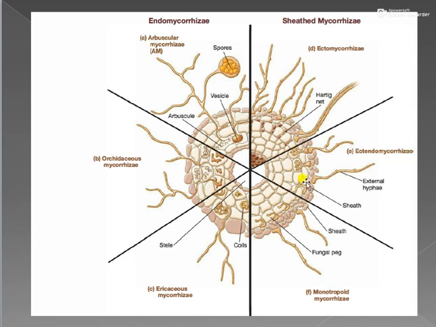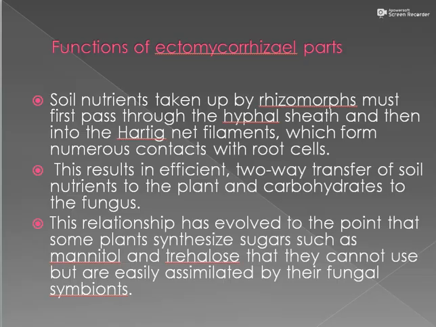If you look into ectendomycorrhiza and ectomycorrhiza, such elements are not found. So depending upon the type of the structural elements formed, the sheath mycorrhiza are divided into just ectomycorrhiza, ectendomycorrhiza, as well as the monotropoid mycorrhiza. So, what is the function of these ectomycorrhizal plants?